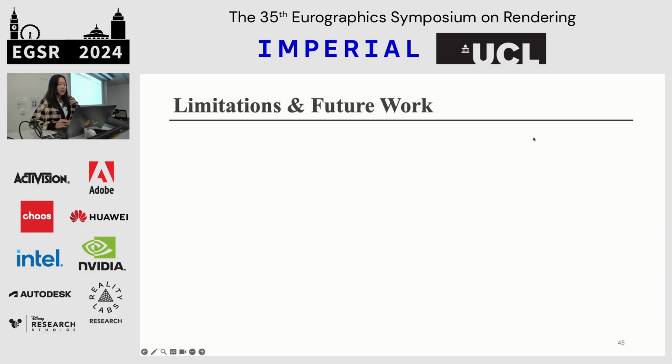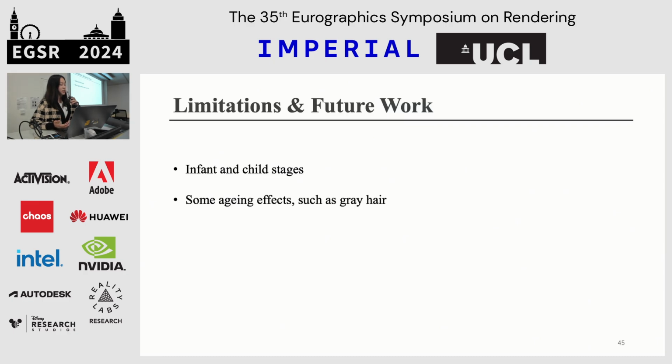Although our method can produce realistic reaging results in both appearance and shapes, we still have many limitations. We exclude the infant and child stages, so our age range is narrower than some other methods such as LEDs. We cannot produce some aging effects such as gray hair.